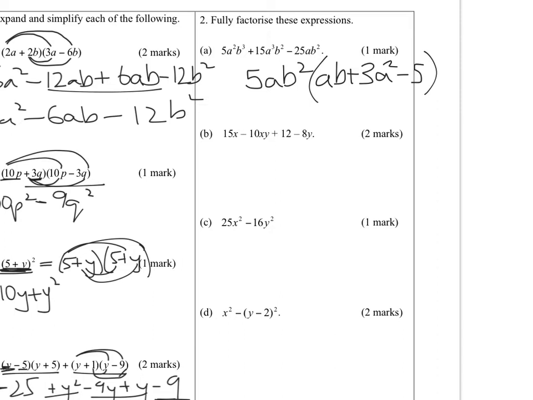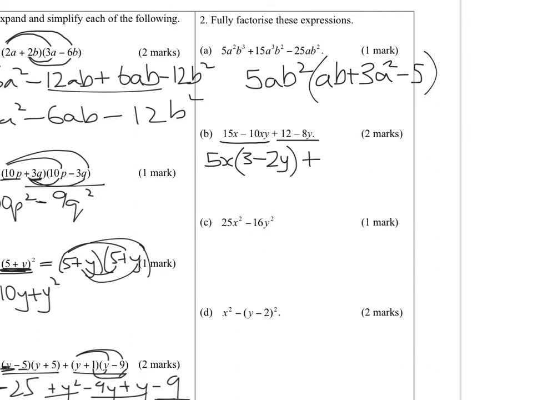Okay, b. Nothing is common for all 4, so we're going to factorise by pairs. So we're going to pair that and we're going to pair that because there is a factor for both of those. So 15 and 10 is 5, and there is an x common. 5 into 15 goes 3, and you've used the x. Take away 5 into 10 goes 2, you've used the x, so you've got a y.